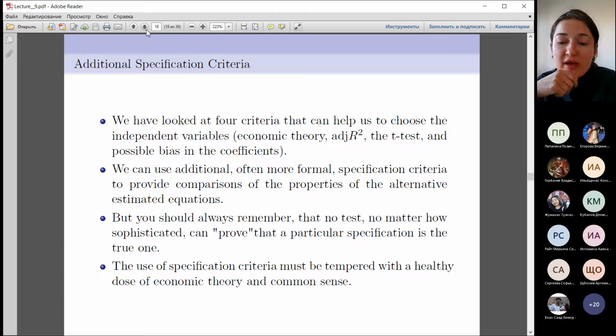And also you should remember that we discussed last time the variables named interaction terms. We can include in our model the product of two variables, for example, a dummy and a continuous variable.